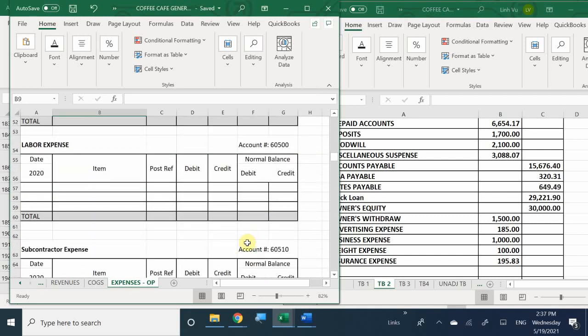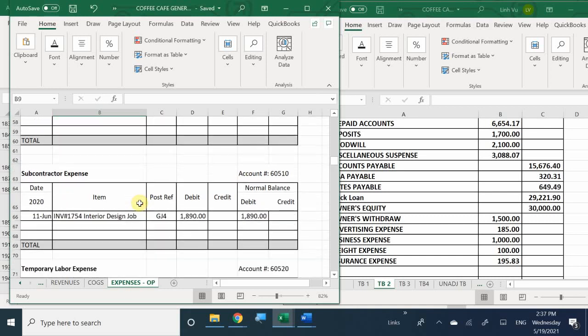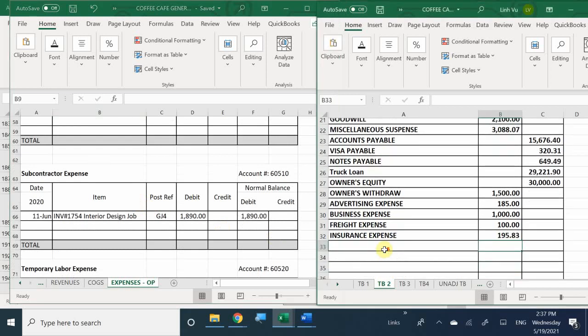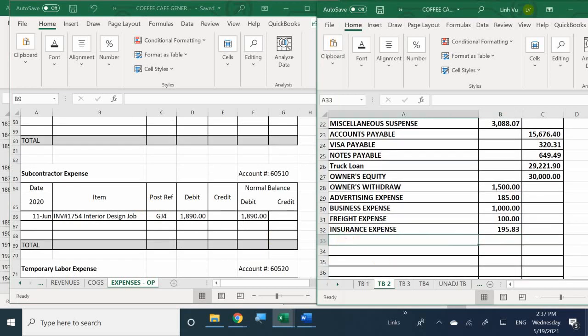All right, no labor expenses here, but it is broken down into two sections. We have our subcontractor expense, which, yes, we did incur, for $1,890, and that was to remodel our store.